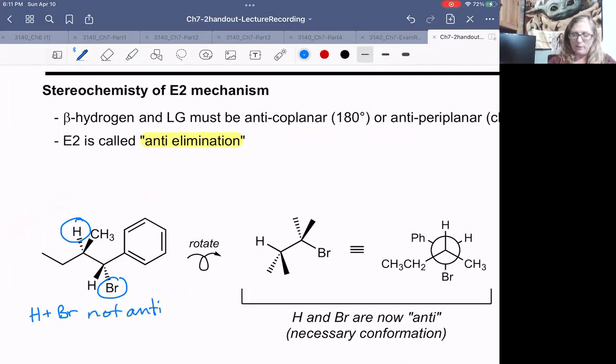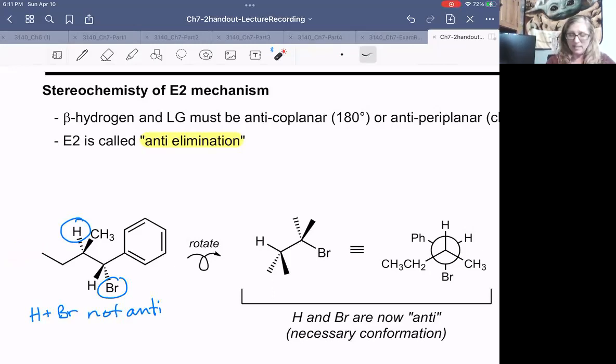Remember, if we viewed it from the side and looked at that Newman projection, that's when we usually use the term anti. So if one was straight up and the other was straight down, they would be 180. But they're not. They're both in the back of the ring. They're actually gauche to each other if you were to draw the Newman projection.